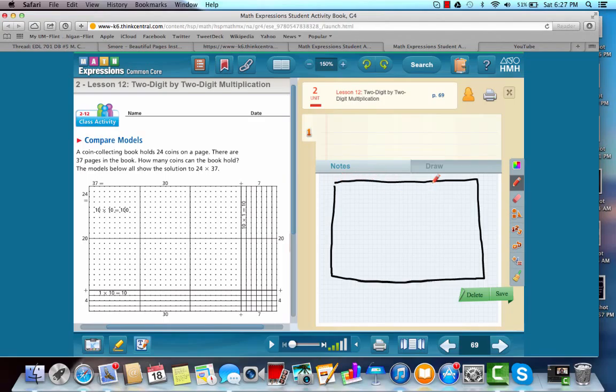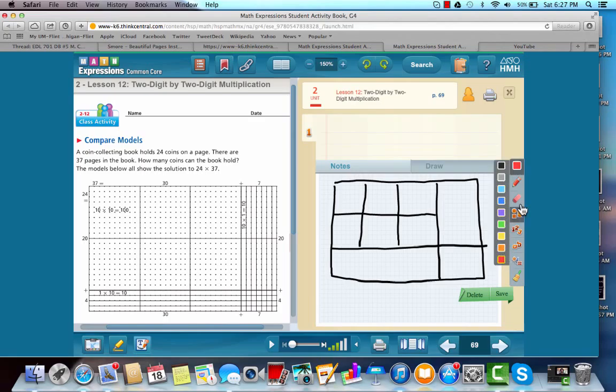Within this box, you have this crossover, and you have your 20 times 30 up here, giving this whole area the numerical value of 600. Now, looking at this area, I know there are 4 down here, and there is 7 up here.